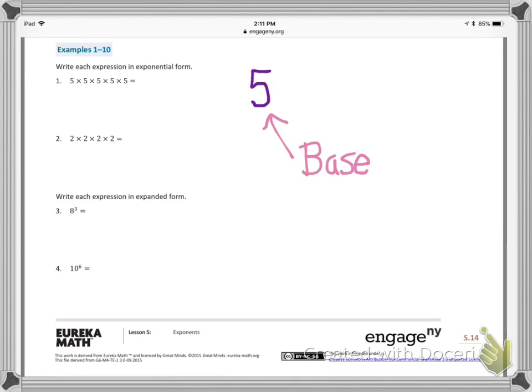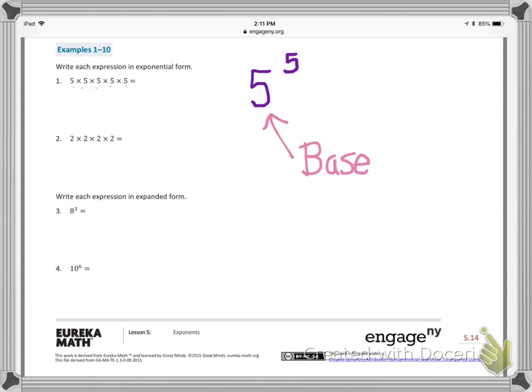Okay? Then we're going to look for the number of times that it's repeatedly multiplied. So I see that I've got 1, 2, 3, 4, 5 times I'm going to multiply 5 together. I'm going to take 5 5s, multiply them all together, and so 5 is the number of 5s I'm multiplying repeatedly, and that goes as a superscript, up above, and that is called an exponent.